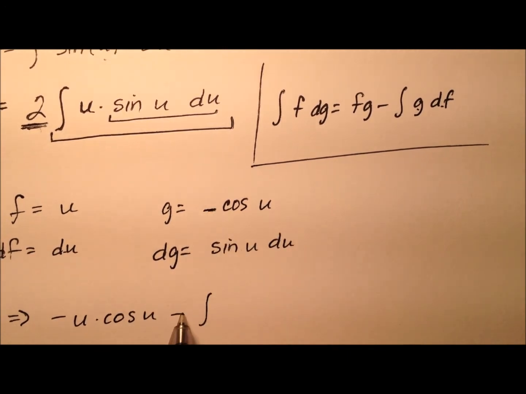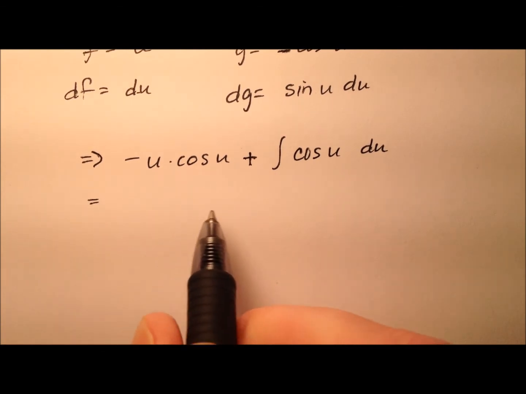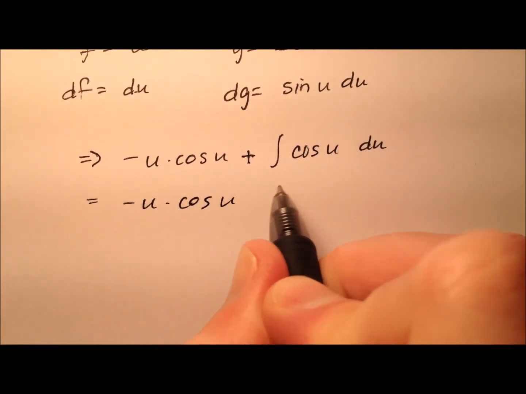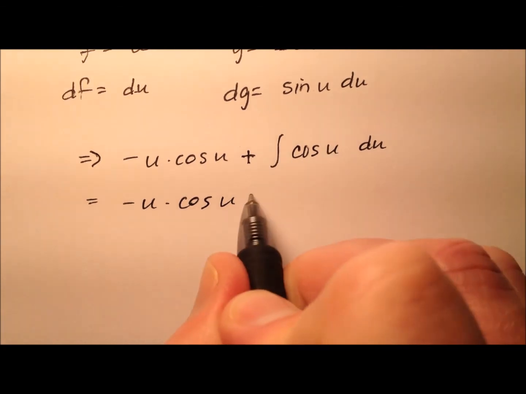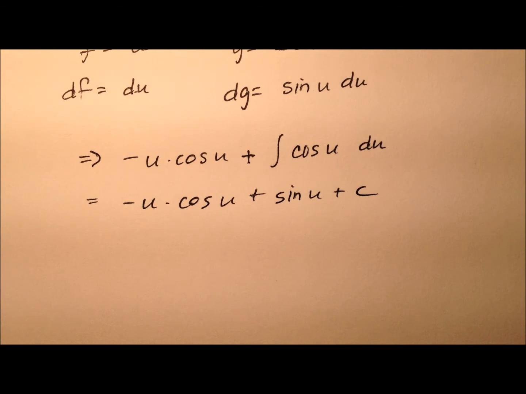So it's negative, so the negative here and the negative can cancel. So this is just cosine u du. Okay, well, this just stays the same, and the integral of cosine is going to be sine u plus c.